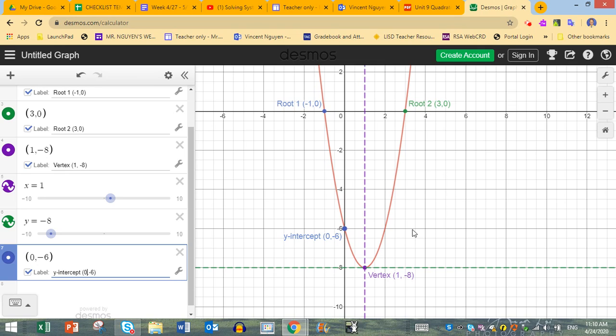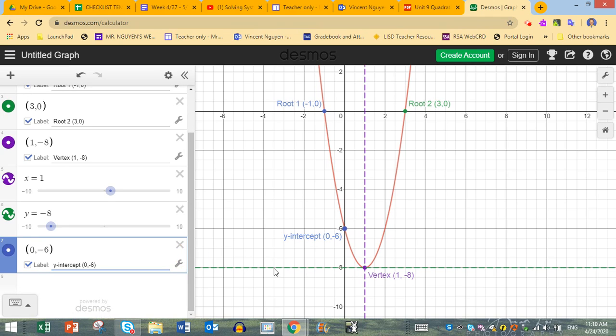What else can we get out of this graph? Well, if you graph your minimum or your maximum, you can tell where the domain and the range are. The domain for any quadratic function is -infinity to +infinity because it travels from left to right infinitely. That means we don't know where it's going to stop.